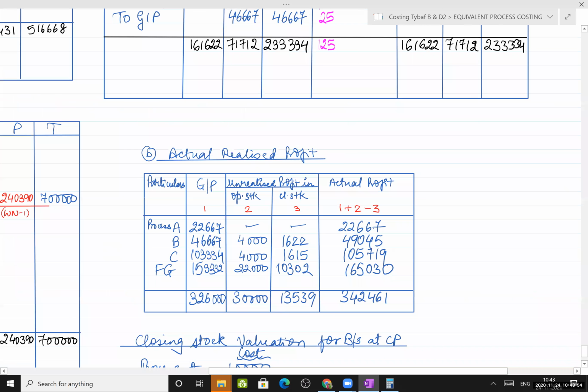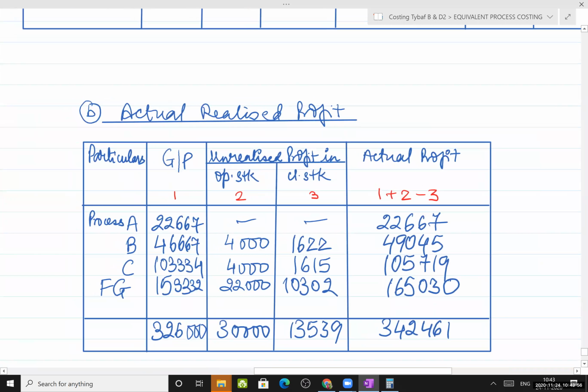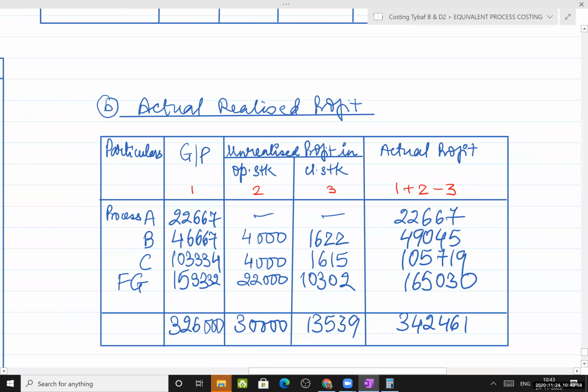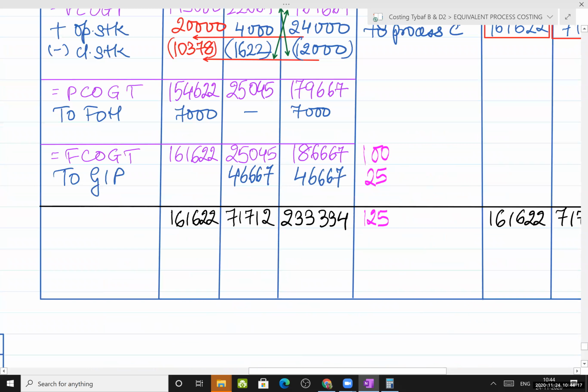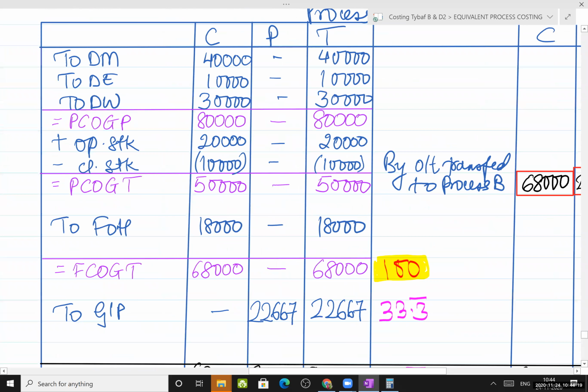Come to actual realized profit. Particulars, gross profit column, unrealized profit in opening and closing stock, and actual realized profit. So process A का GP, B का GP, C का GP and finished goods का gross profit. ठीक है. Let us check. I'll take you to process A. ये रहा.